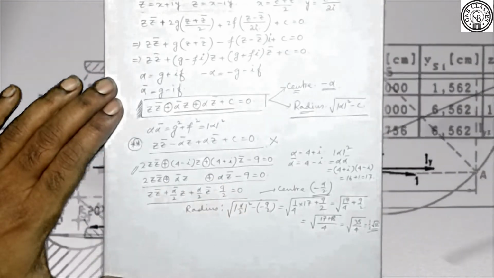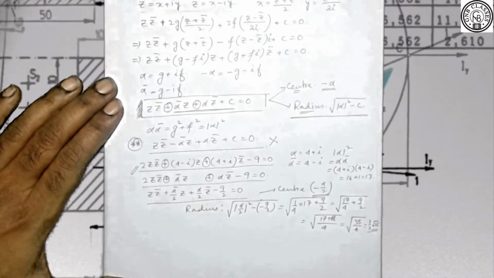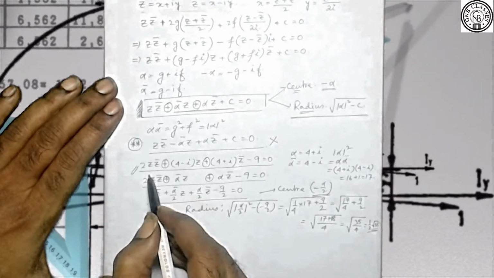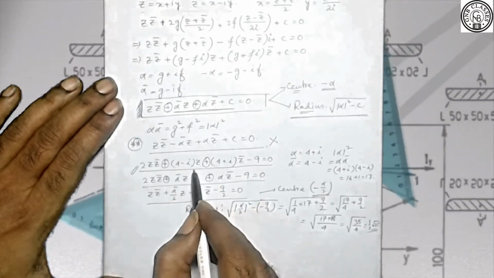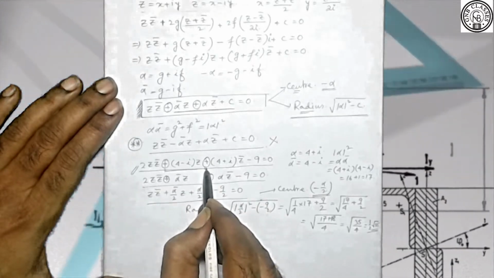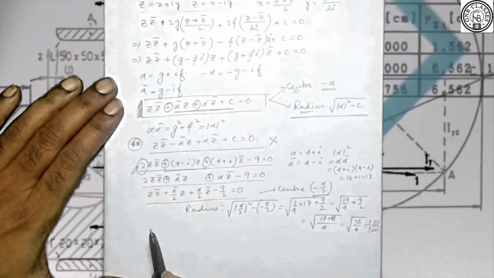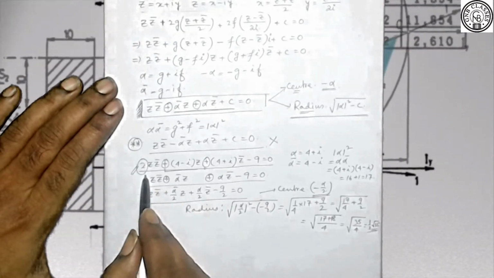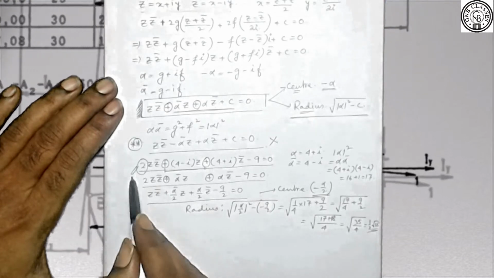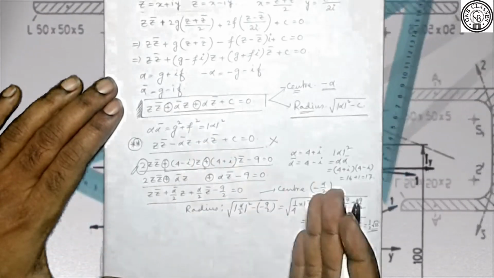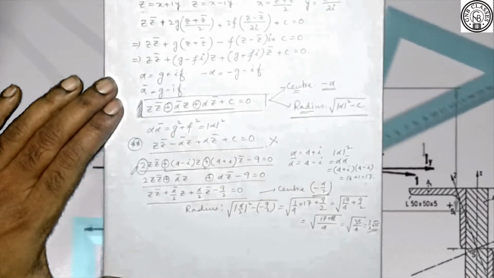If they are not, no need to find out its center or radius because it will not represent a circle. And number two, after inspecting this thing, the coefficient of z bar must be 1. If it is not there, forcefully you make it 1. And then you find out your center and radius accordingly. Is it fine with you?